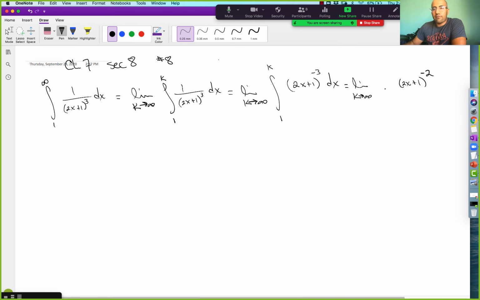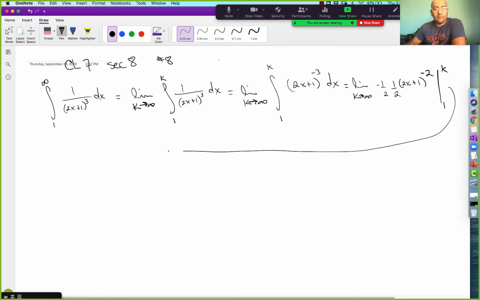But if we bring it out in front, we want to balance it out, so we already know we have to multiply by negative 1/2. So we're getting closer to the answer. Except then we have a chain rule that will produce yet another 2, the derivative of the inside part, so we also have to multiply by another 2. And all of this gets evaluated from 1 through k.